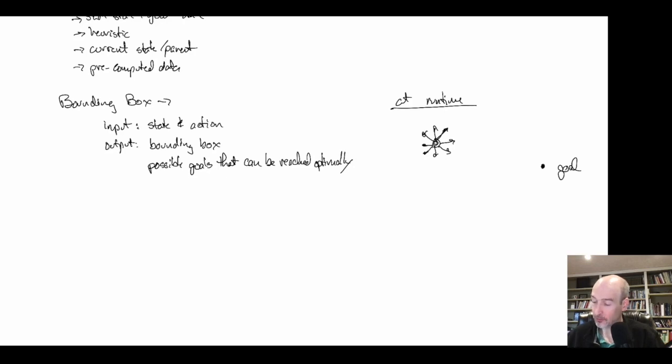So by keeping this information and knowing where the goal is, I'm only going to allow the actions that include the goal as a set of possible states that we could reach given that particular action. And so bounding boxes are able to prune the state space and are one example of a technique that can do this pruning very, very effectively.